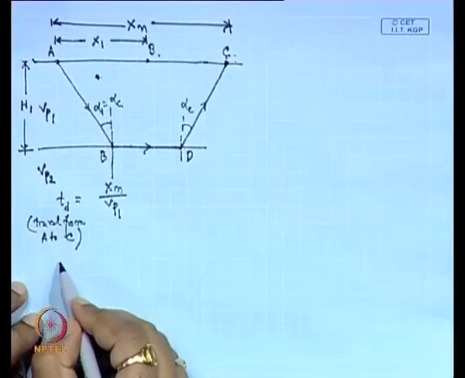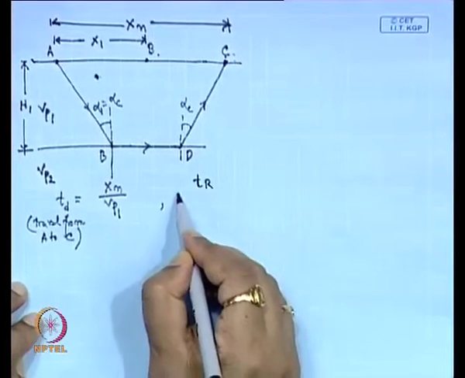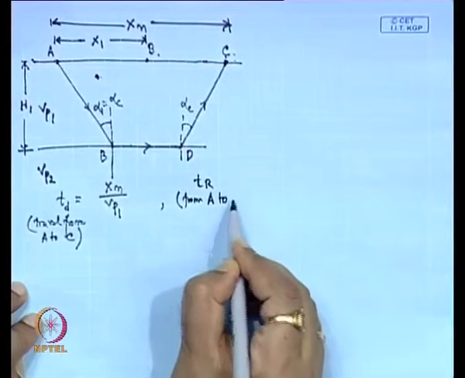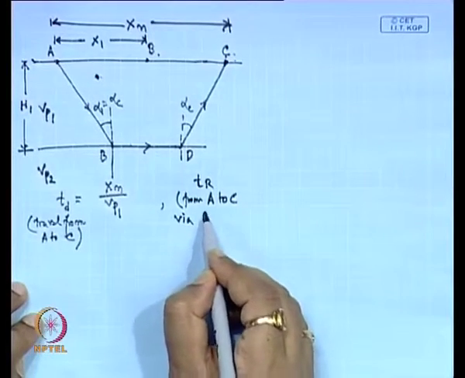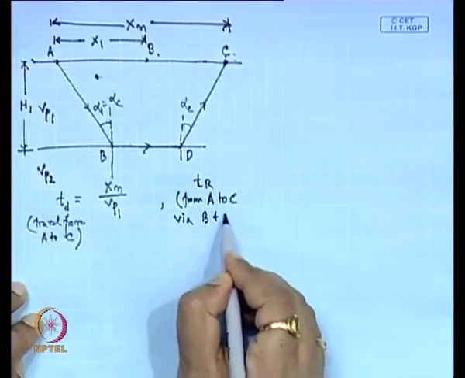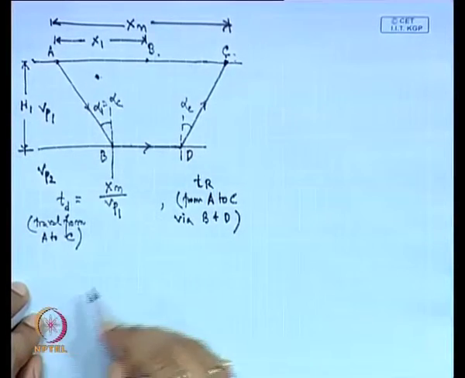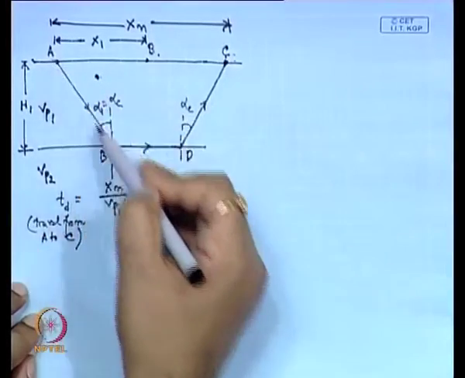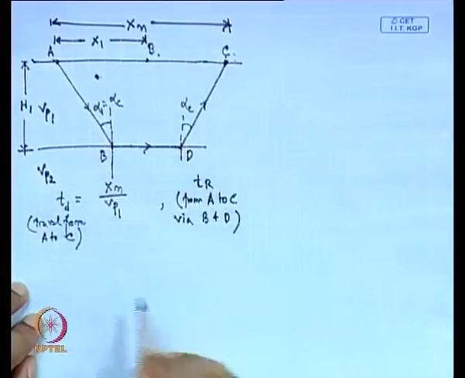Now, another time, that is T r, which is travel from A to C via B and D. So, this is another ray, the refracted ray, that travels from A to C also, but via A B, B D and D C.